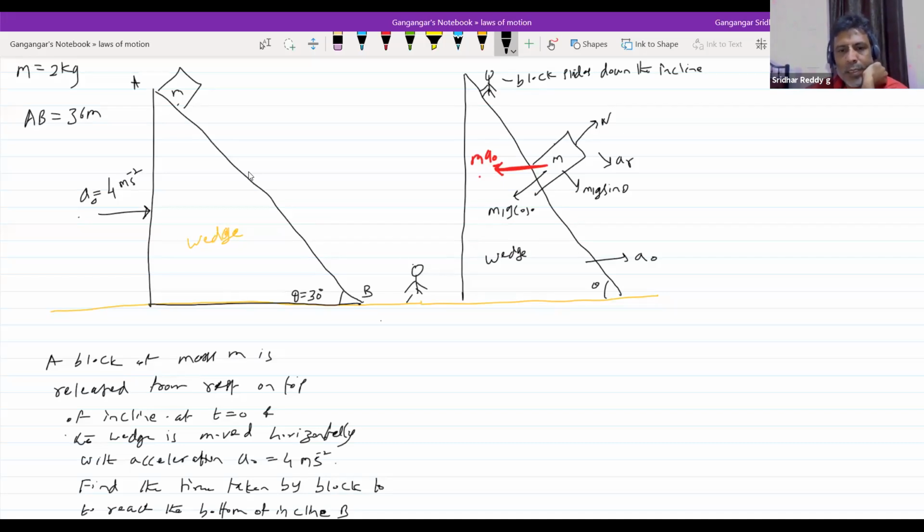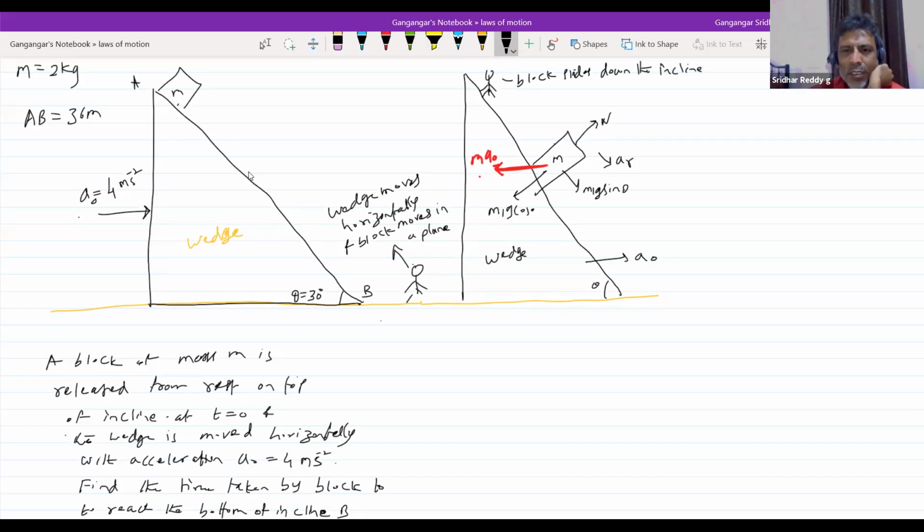What does this other person say? The wedge moves horizontally and the block moves in a plane. Let's see that he is commenting like this.